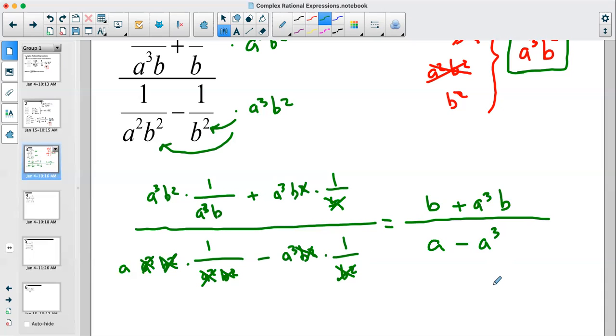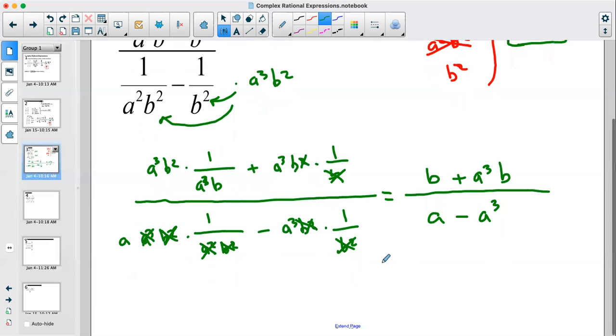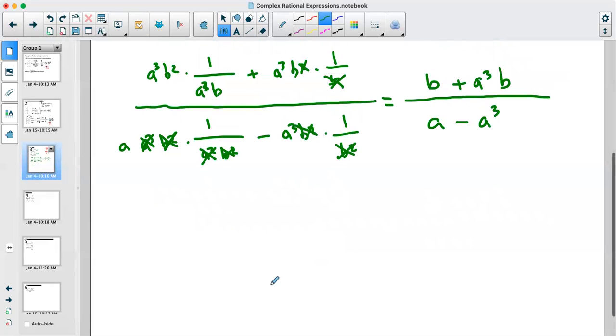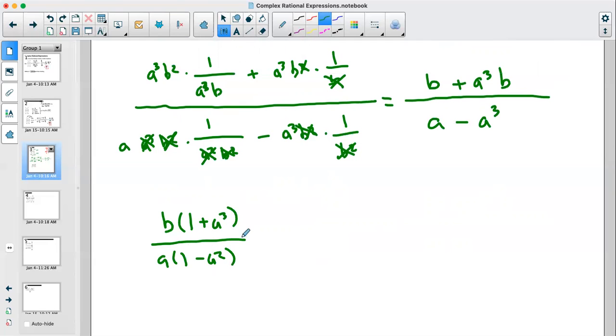Yeah, nothing else I can really do here to simplify this. It's no longer a complex fraction, so in that sense, it's been simplified, but you could factor the bottom and the top a little bit, and some things might happen. This one's a little more complicated because once you factor the top and bottom, I think there's stuff that can cross out. So you do b times 1 plus a cubed on top and a times 1 minus a squared on the bottom.